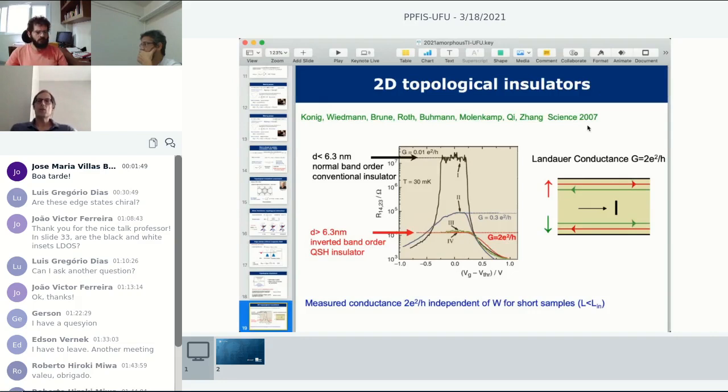This was almost 15 years ago, and this conductance is never as perfectly quantized as in the quantum Hall effect. People have done a lot of work to get it closer, but it's still kind of noisy. And these experiments are extremely difficult.